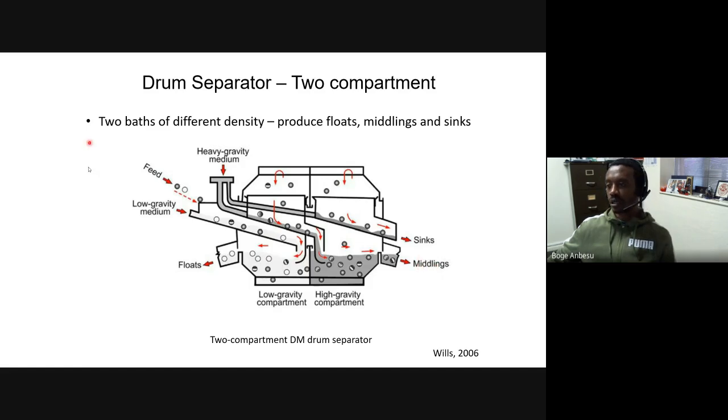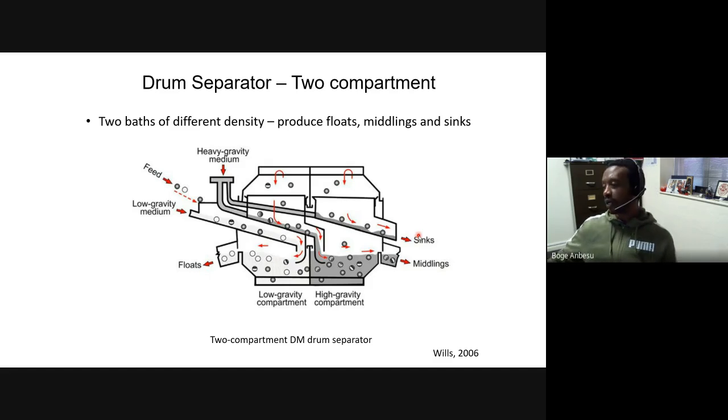So overall, you started with particles with various densities. Light ones are collected here as a float, middlings or intermediate densities collected differently, and then the heaviest ones collected differently. Again, you could have two separations happening in one drum, and you could produce three different streams: for the heavy, for the intermediate, and for the light.